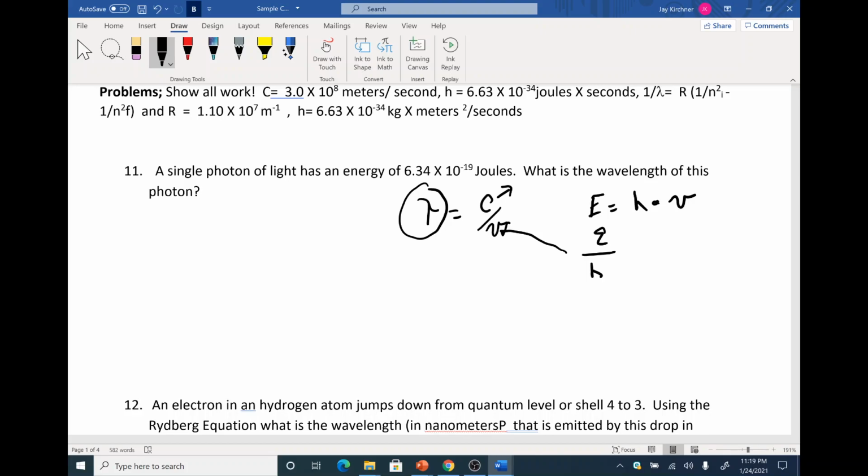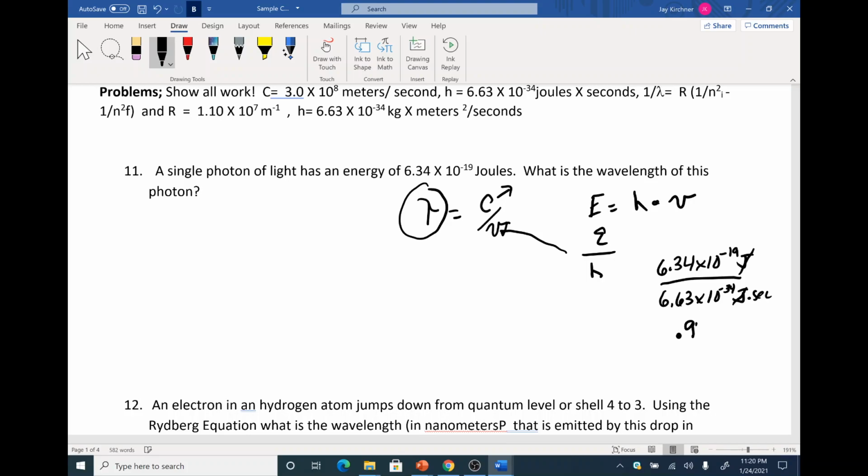You can do all the algebra one or whatever, but let's try it a little bit. So 6.34 times 10 to the negative 19 joules divided by Planck's constant, which is 6.63 times 10 to the negative 34th joule-seconds. Okay, I'm going to just guesstimate this as being pretty close to 1.